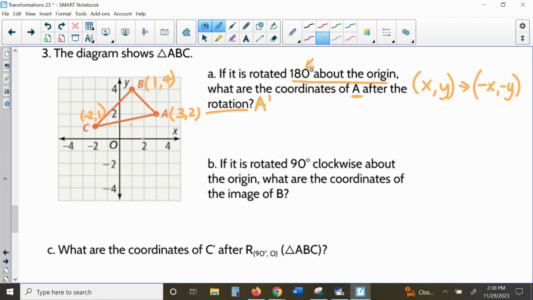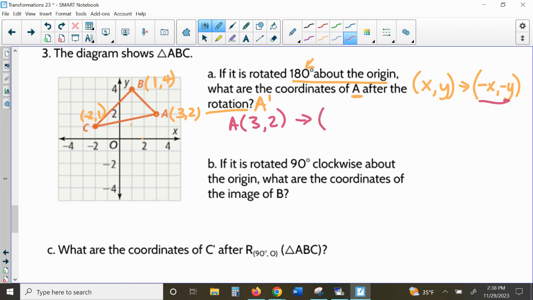Okay, so they just want to know about the coordinates of A. Now here's the deal. If I'm taking a test, I'm probably going to do all of the coordinates so that way I could see what the shape looks like. But for this question, I technically only have to do this, but it's going to be hard for you to check if you made a mistake if you don't graph the whole triangle. So I'm going to change the sign of both of them because the rule says change the sign of both.